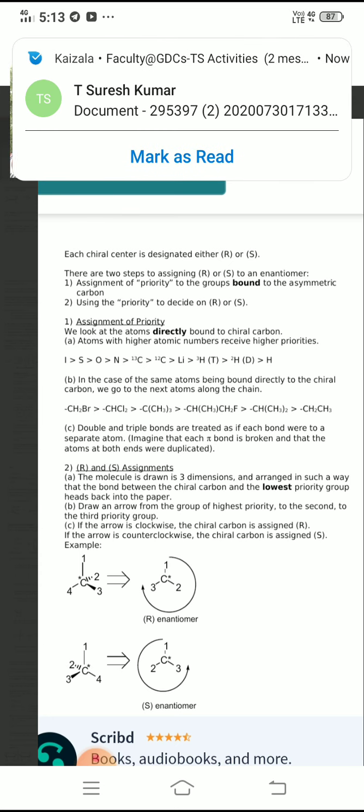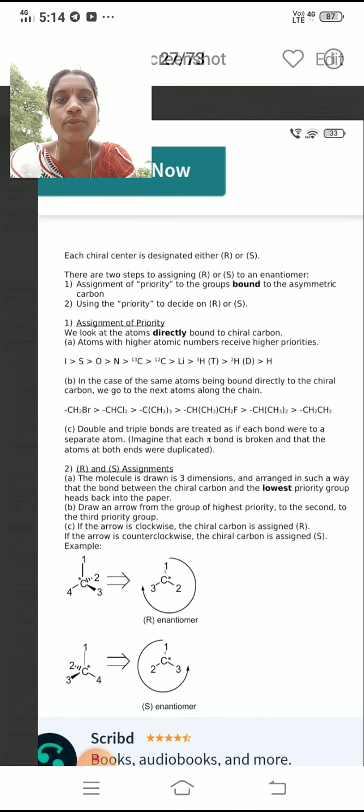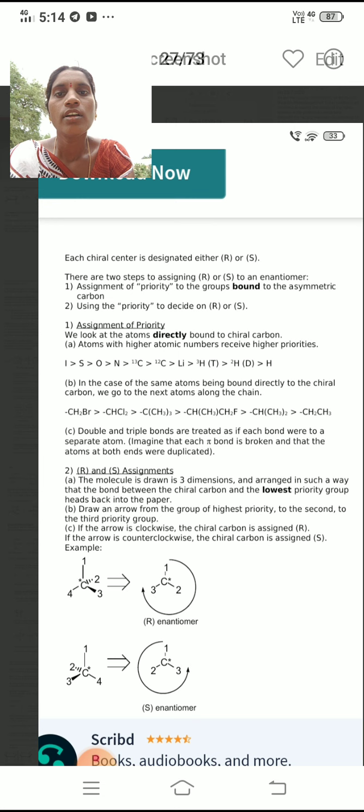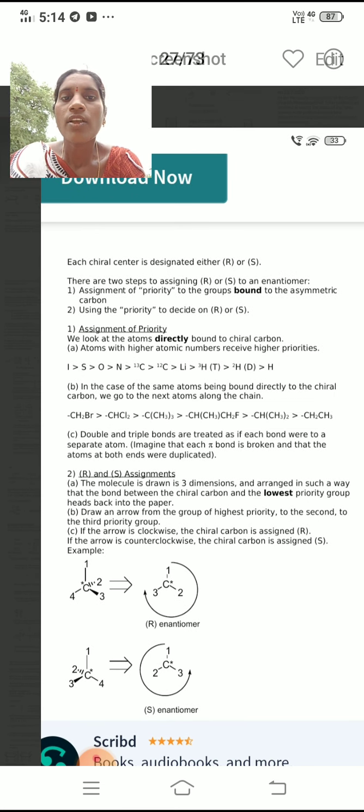So to identify R or S for the configuration, we have to give priorities to the groups or atoms which are bonded to the asymmetric carbon. First the molecule is written in Fischer projection formula.